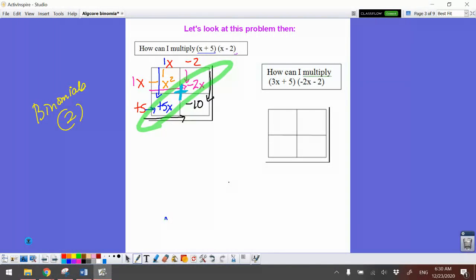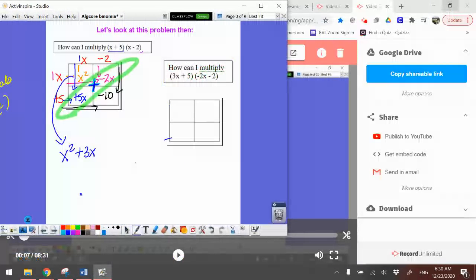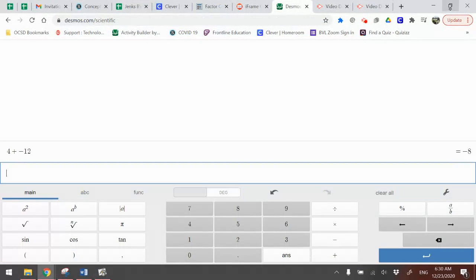So my answer is going to pull out like this. So I'm going to pull out my x squared. So this top number comes out. Then I'm going to add these middle terms. So 5 plus negative 2 is a positive 3x. Remember, use your calculator to help you.